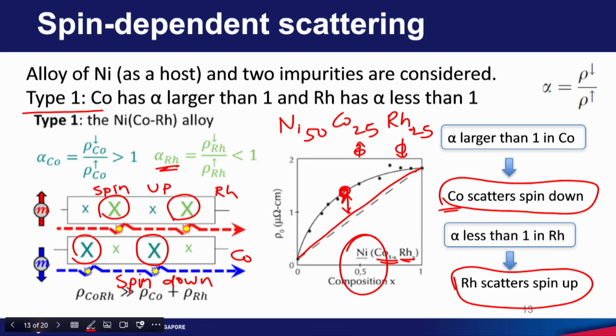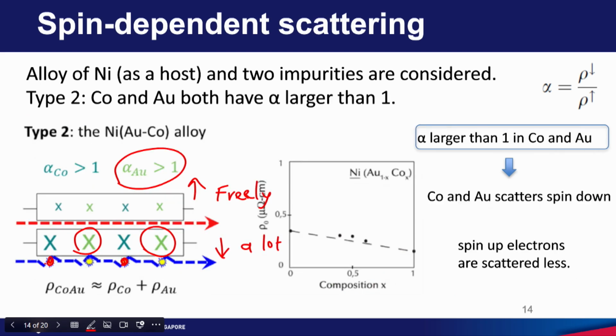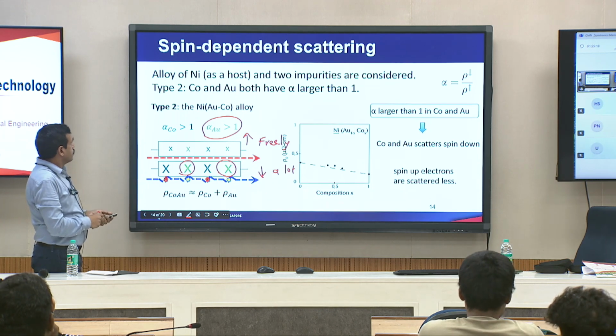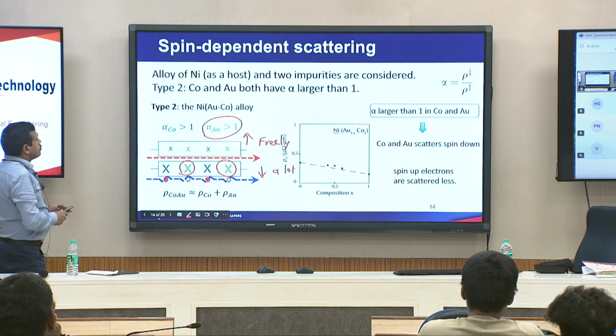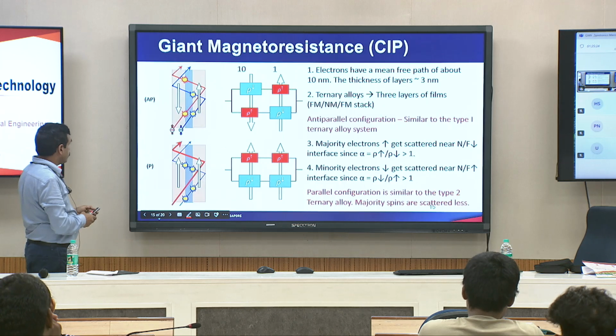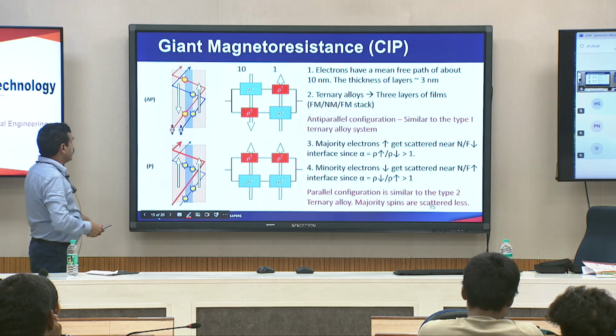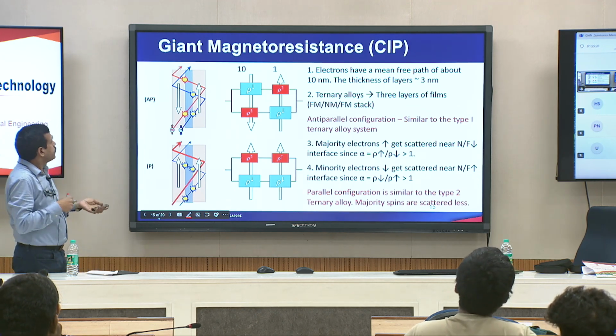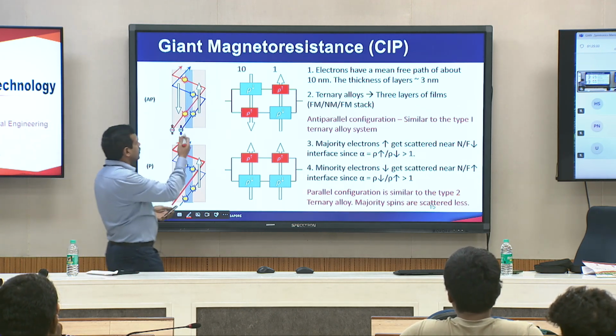Okay, so, in type 1 both types of electrons get scattered, in type 2 only spin down electrons get scattered. So, we use these results to understand the giant magnetoresistance under the current in plane scheme.